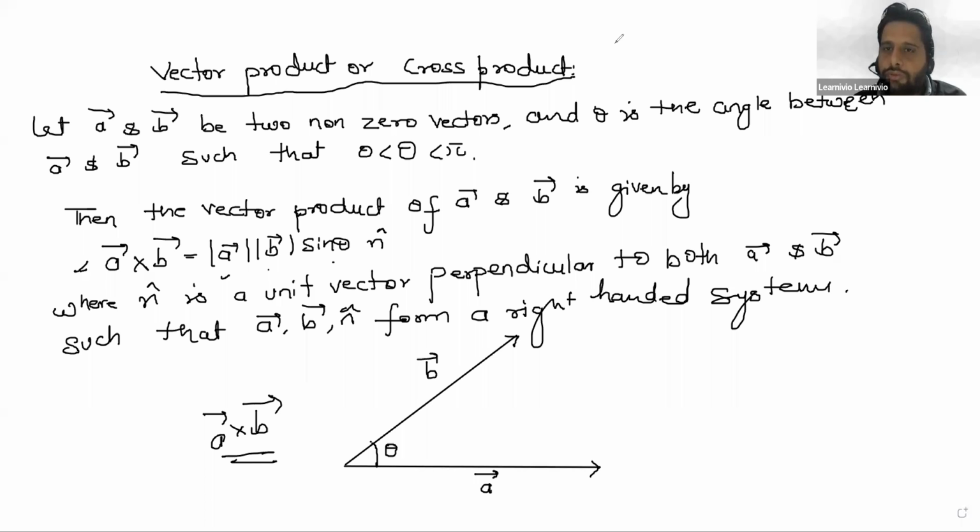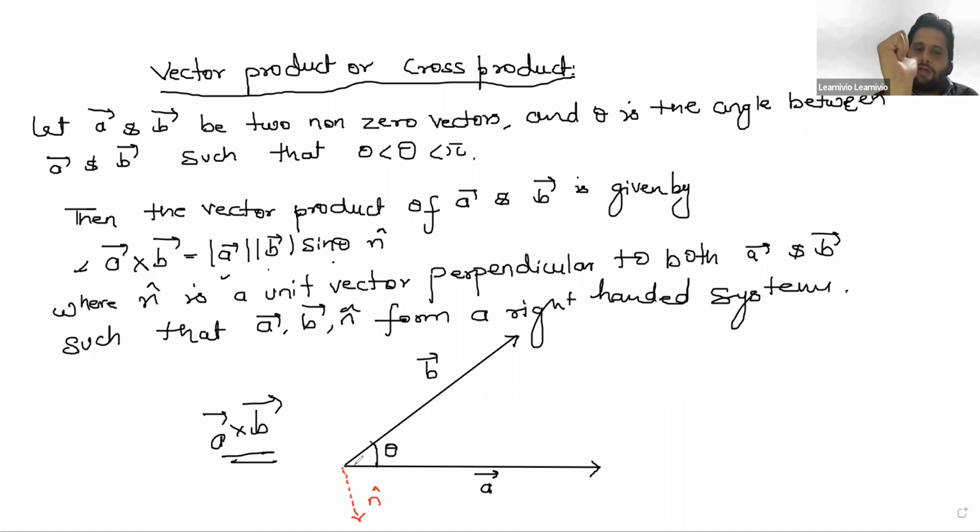So in this case the direction of n cap will be like this. This n cap will be perpendicular to both A and B, and its direction in this case is outwards from the screen, because we have put a finger in the direction of A and we are moving towards B, so this thumb will give the direction of n cap.